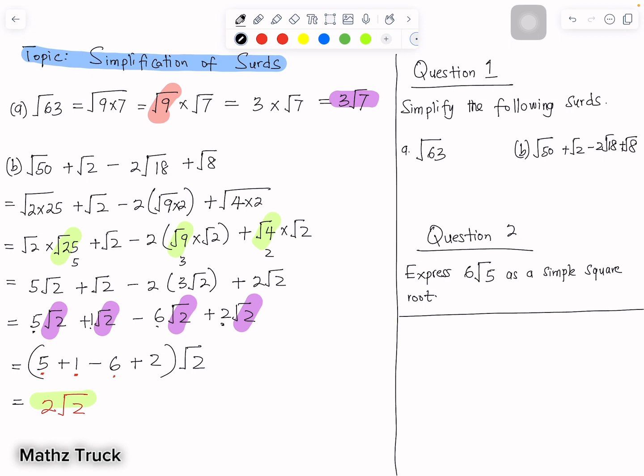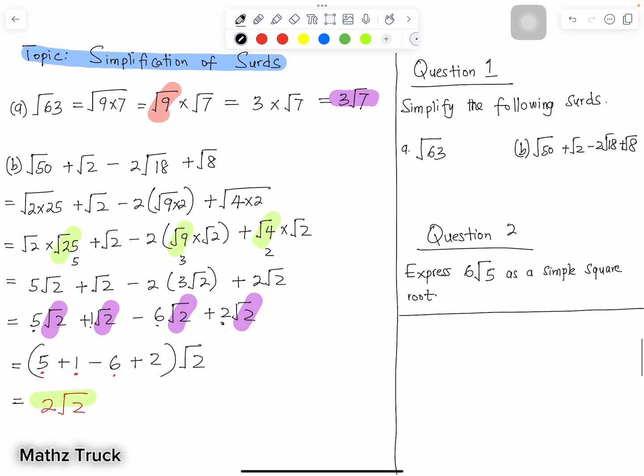Now there is a principle that we use. The principle says that if we have a root b, and if you want to make a also a root form, then this entire expression becomes a squared times b.